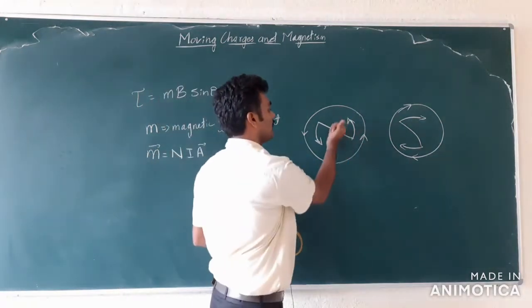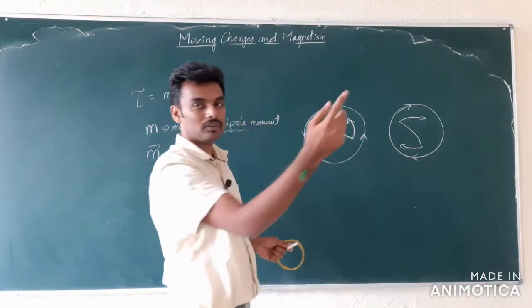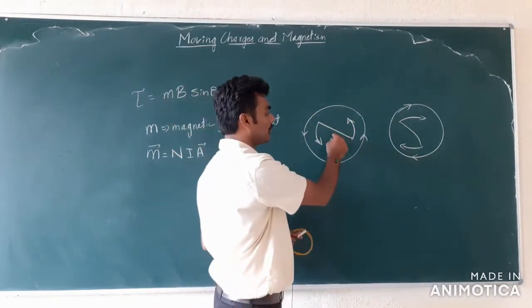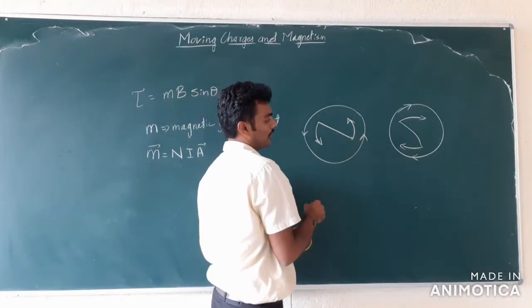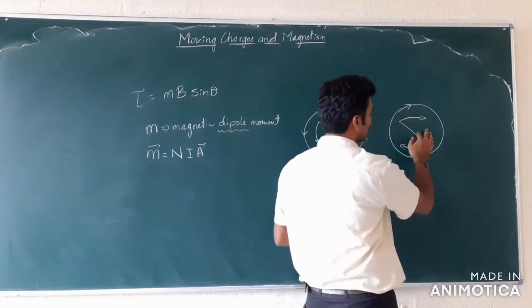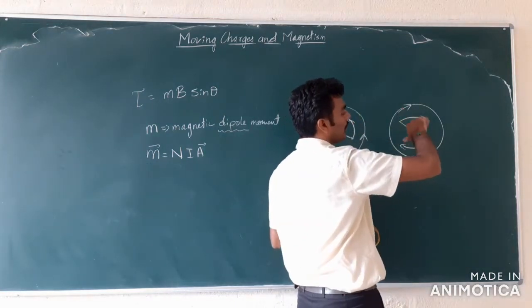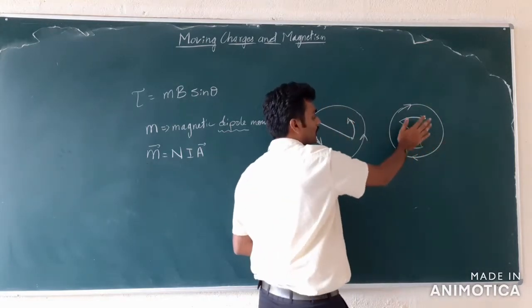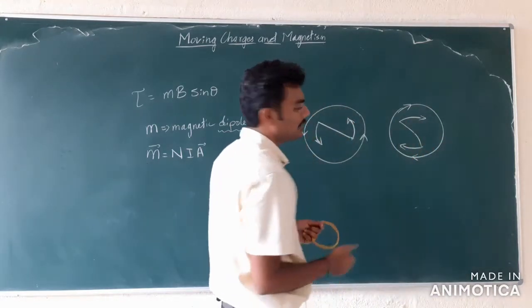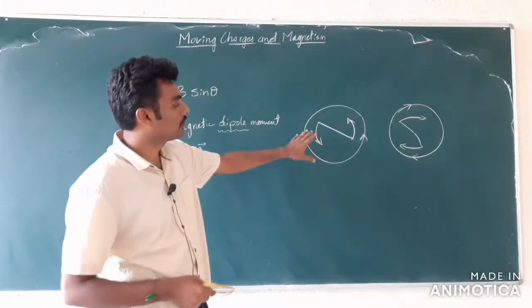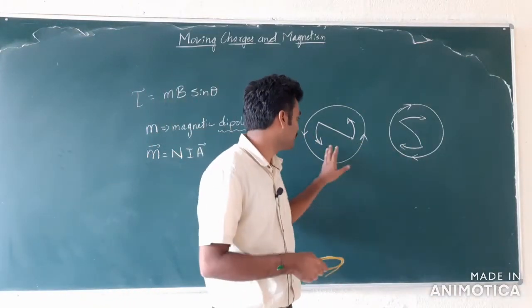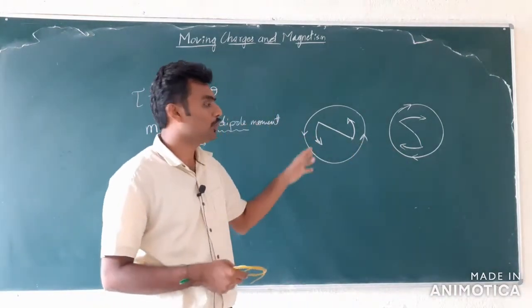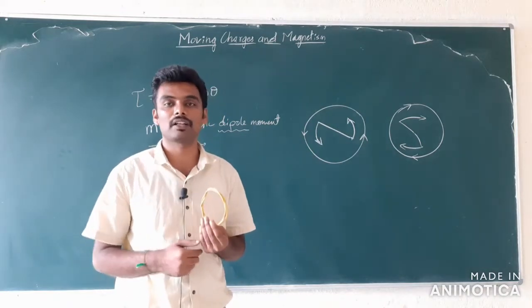If the current is anti-clockwise, field lines are coming out of the board, out of the plane, and hence this is north. Here it's clockwise, and the field lines will be entering it, so this must be south. Either through the right hand thumb rule or through this pictorial representation, you can remember the poles with respect to the direction of current.